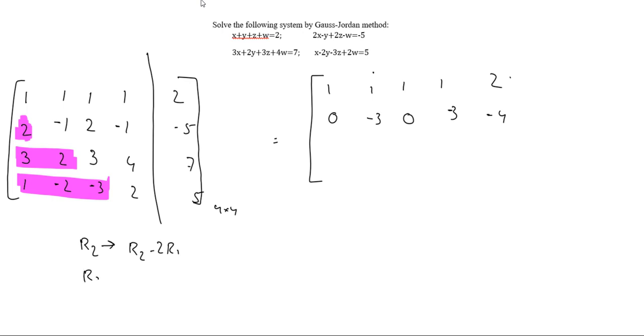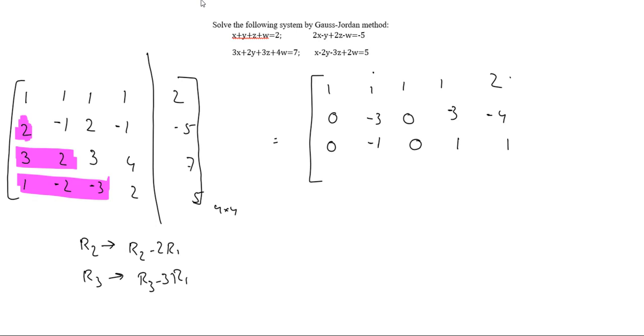R3 becomes R3 minus 3R1. 3 minus 3 is 0, 2 minus 3 is minus 1, 3 minus 3 is 0, 4 minus 3 is 1, 7 minus 6 is 1.